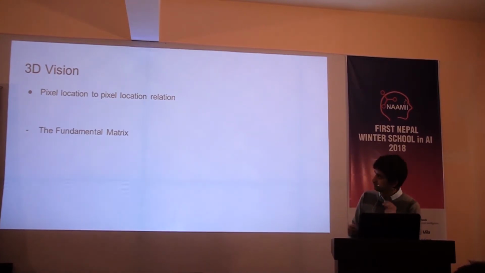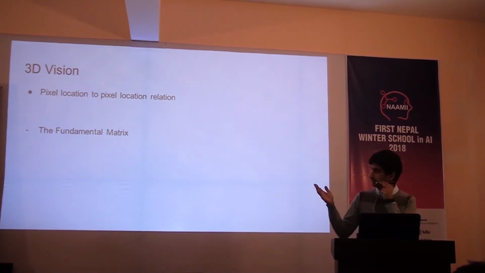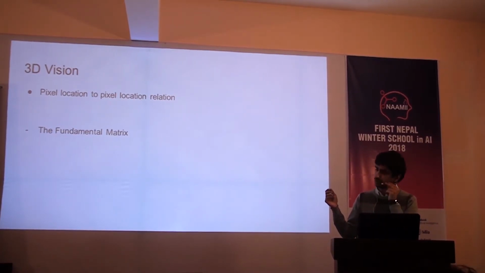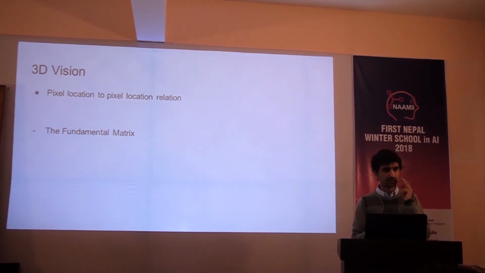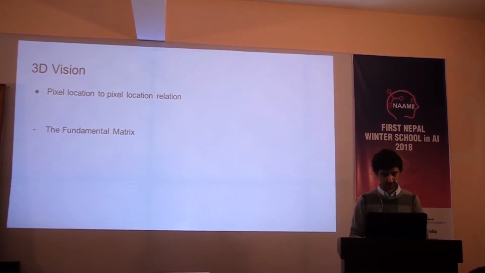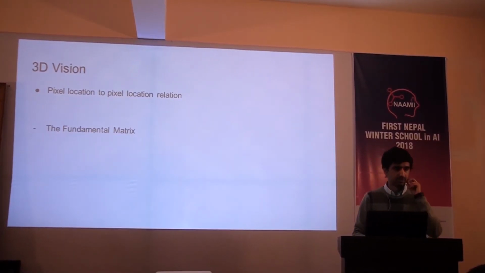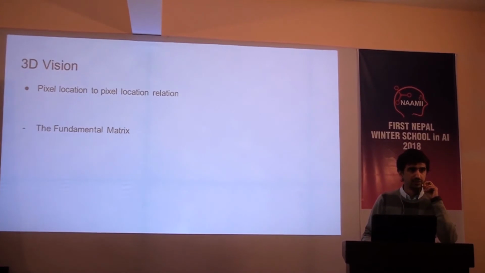And that was the fundamental matrix, right? Sometimes we cannot use this relation to transfer one point of the image to the other, because it's rank 2. If you transfer the point from one image to the other using the fundamental matrix, you get a line, because it's only rank 2.